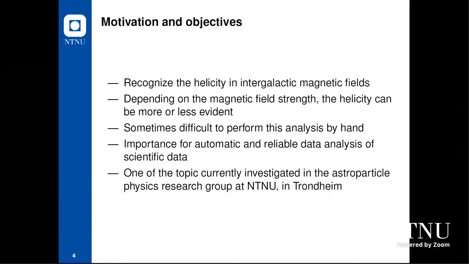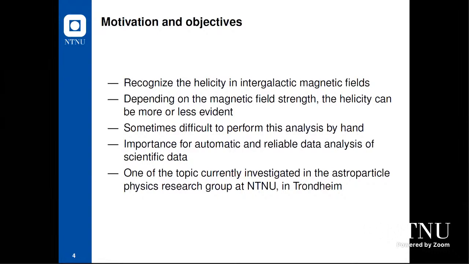And if the magnetic field strength is low, for example, 10 to the minus 16 Gauss, this means that the helicity is less evident. And so it is more difficult to understand whether it is positive, negative, or zero helicity. For this reason, performing this analysis by hand takes some time, because in some cases it is very clear whether this helicity is positive or negative, so it is easy to classify by hand.